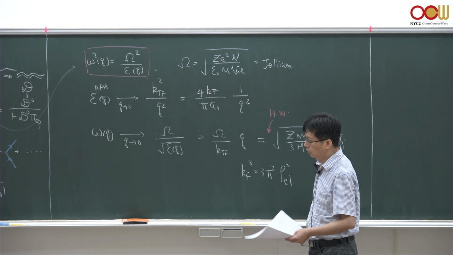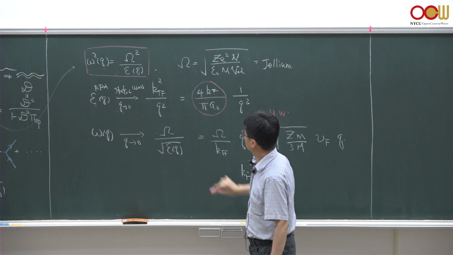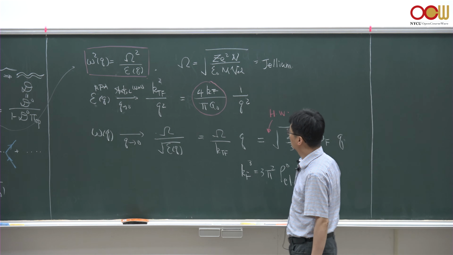Static means omega vanishes and q goes to 0 limit. It is given by k Thomas-Fermi squared divided by q squared. Okay, so I believe you have checked that. This is one of your homework problems. And for a three-dimensional electron gas, you can show very easily that k Thomas-Fermi squared is given by this quantity here: 4 times the Fermi momentum kF divided by pi times the Bohr radius a0.